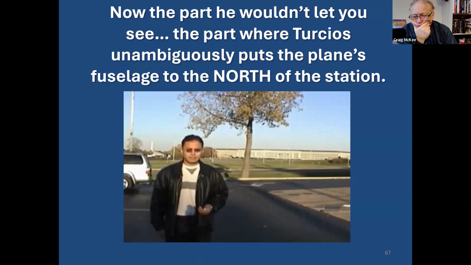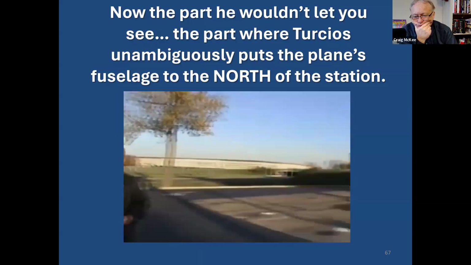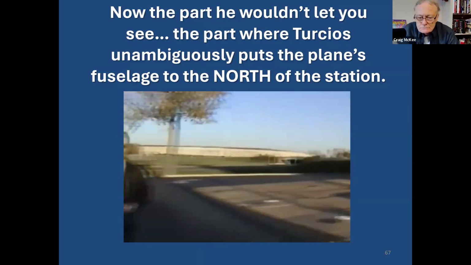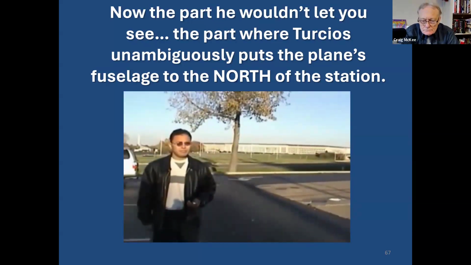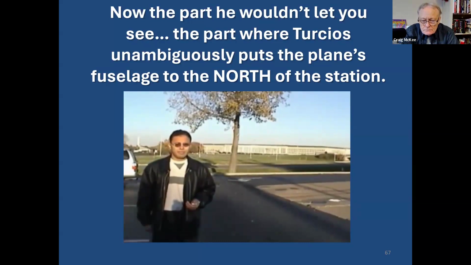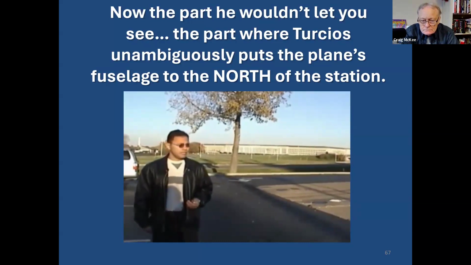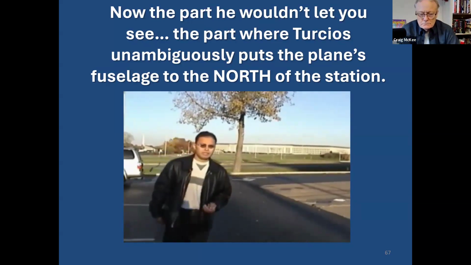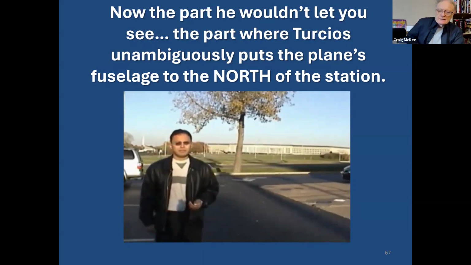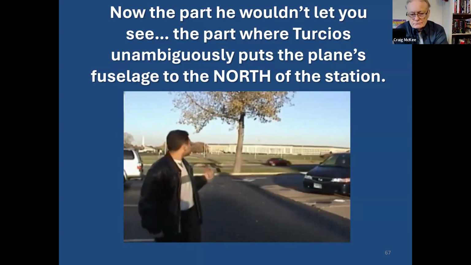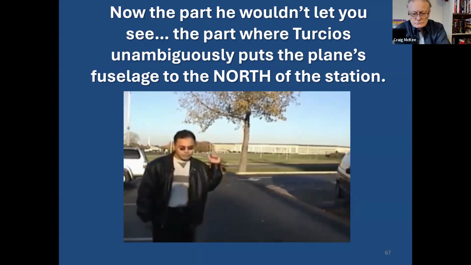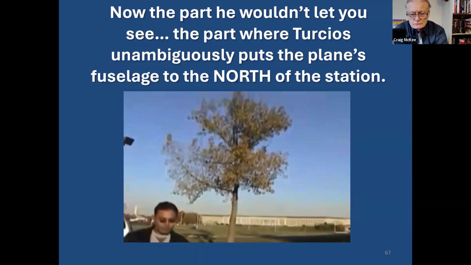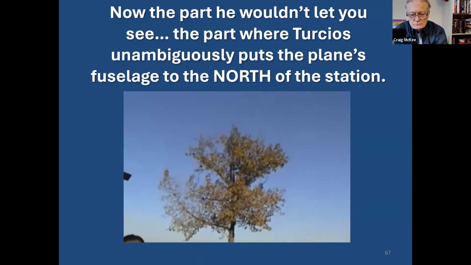And as far as how it came over this corner, was it more like the wing or the body? Was the left wing, the right wing, or the actual body? Oh, no, it was more like the right wing headed. It was the right wing, so yes. You'd say most of the plane was even further north of the station. Yes, I would say over the tree here behind me. Okay, so it kind of flew right over that tree. Yes.